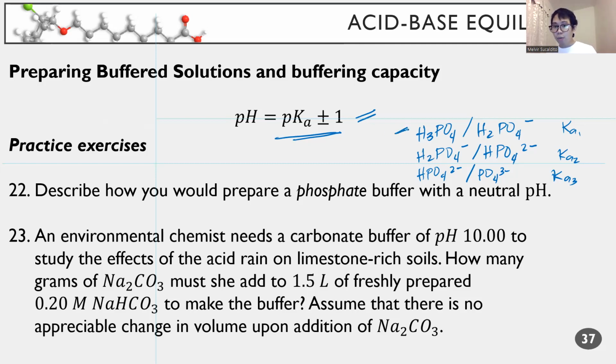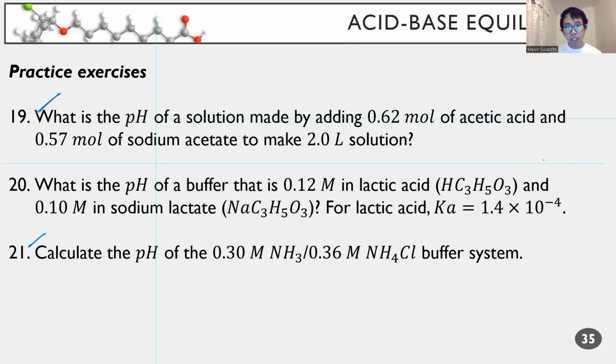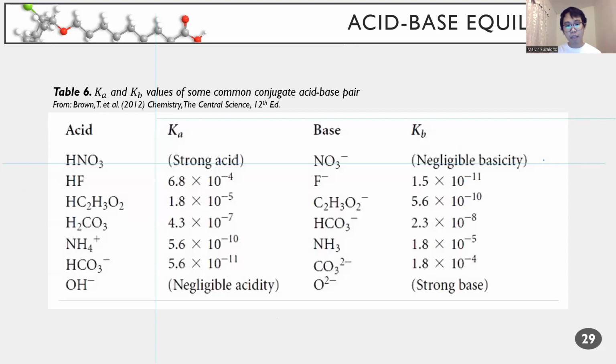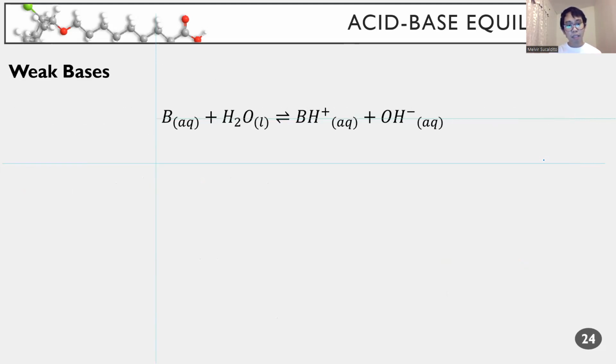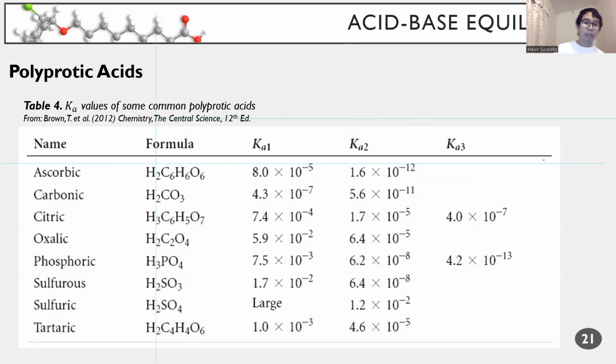This buffer solution works best for a pH range na nasa pKa1 plus minus 1. Okay? pKa2 plus minus 1 kapag ganito. And then pKa3 plus minus 1.